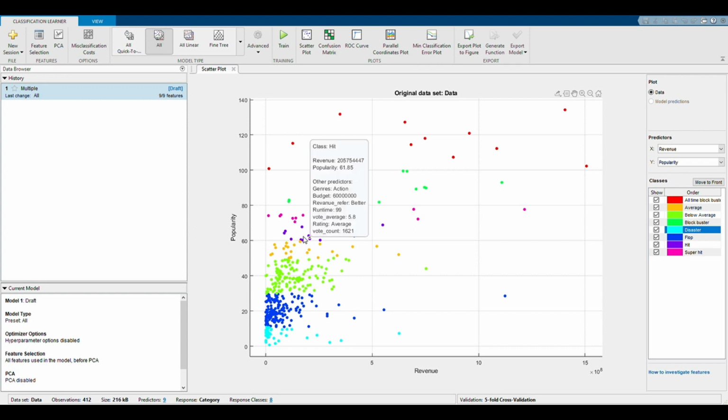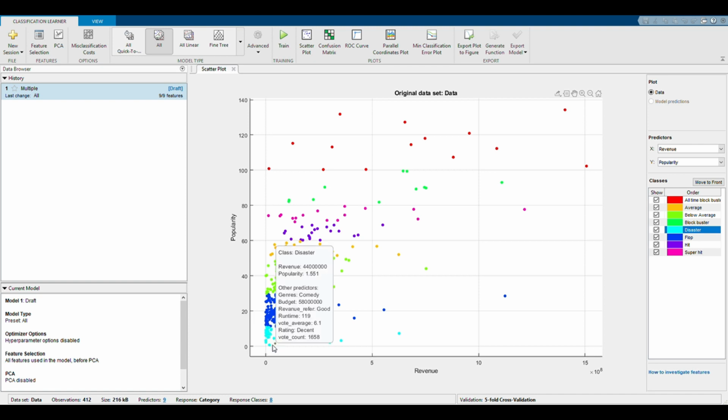Based on our data, we can see that when the revenue is low, the popularity is also low, and when the revenue increases, the popularity also increases. So we can see here the blue one is disaster, the worst movie.